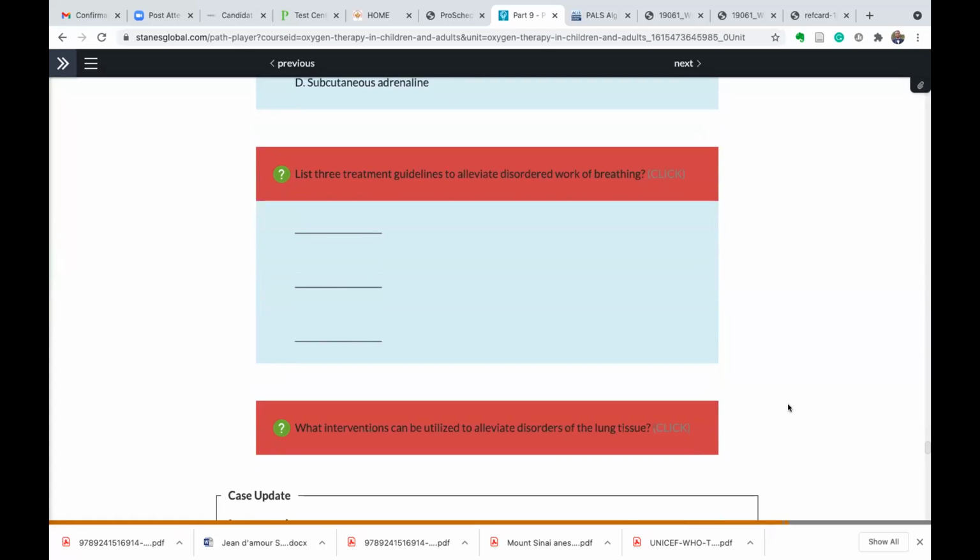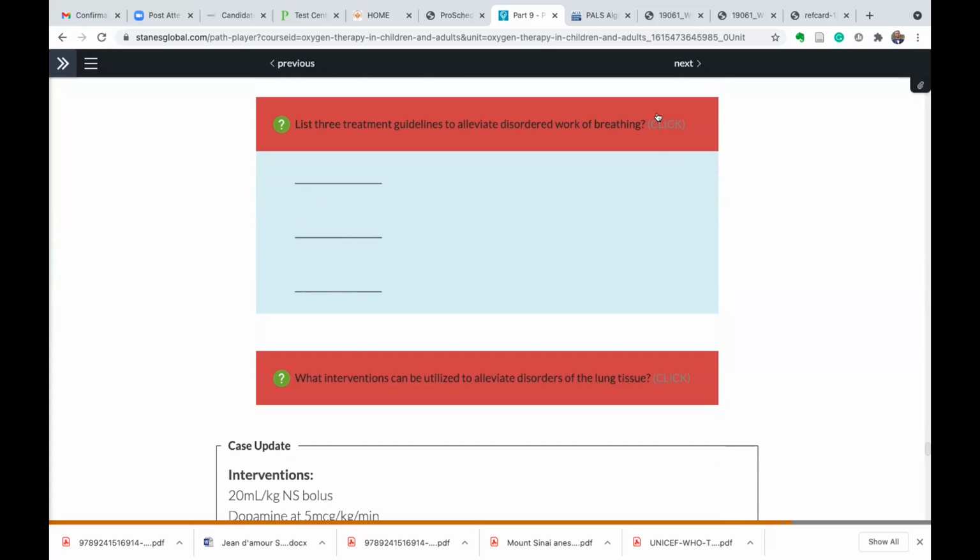The other question is, what are the 3 treatment guidelines for alleviating or for improving disorders of work of breathing? So what are the treatments? You can put the answers in the chat.